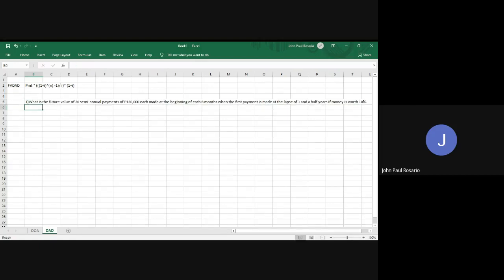Okay. Sige. So with that, guys, diri ato nga payment is pila tong payment? It's 150,000. For our i, it's 0.10 over 2. For our n is 20. Now, what is our d?